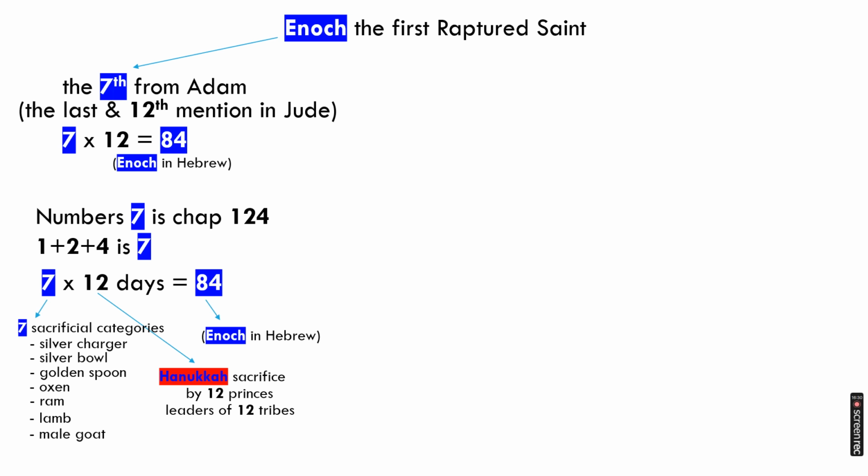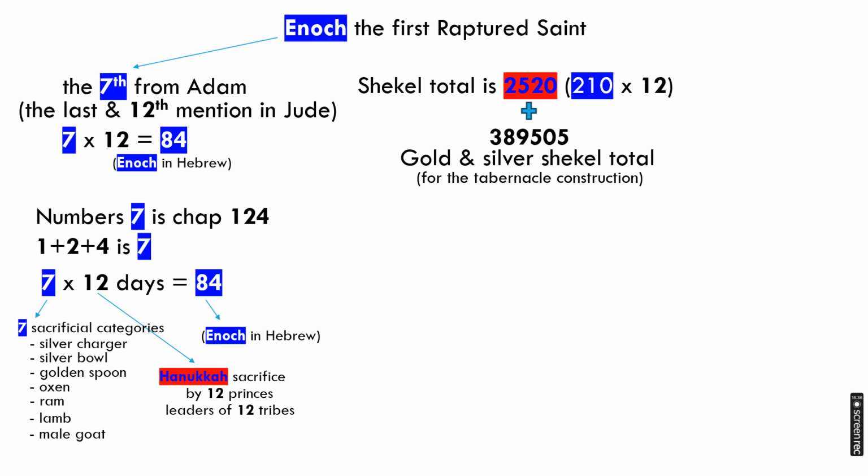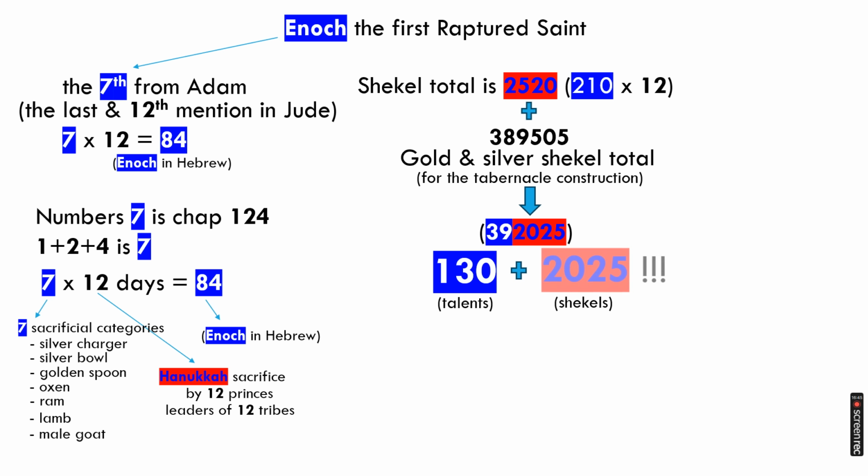The shekel total contributed by the 12 princes is 2520. Add that to the gold and silver shekel total used to construct the tabernacle. The combined shekel total is 3920.25. Given that 3000 shekels make a talent, the total combined weight is 130 talents and 2025 shekels.